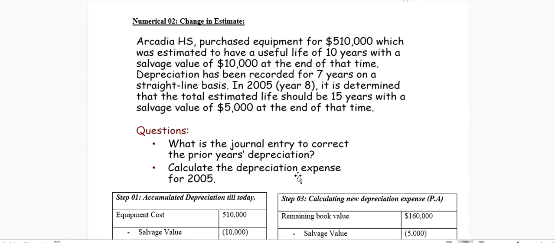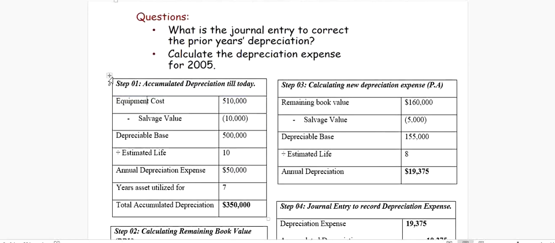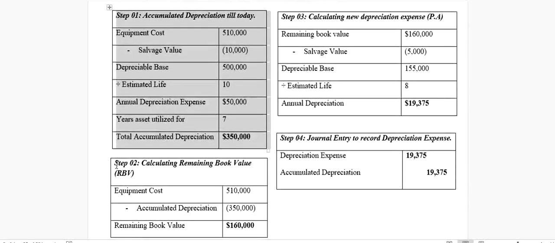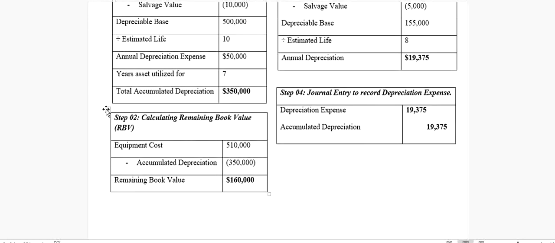In order to know that, we should first know the remaining book value at the time this change occurred. To calculate that remaining book value, we have to go through these first two steps. In the first step, I calculated the accumulated depreciation. And then we came to our ultimate objective of knowing the remaining book value.